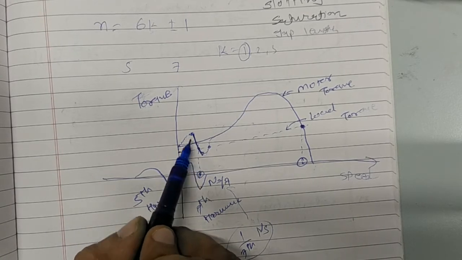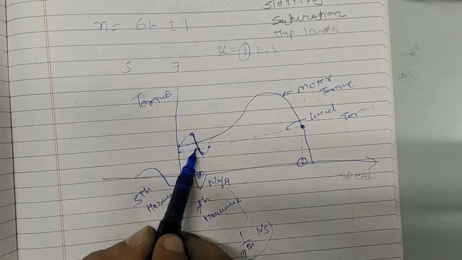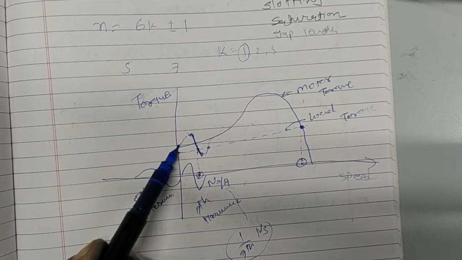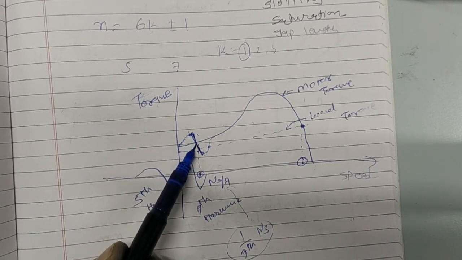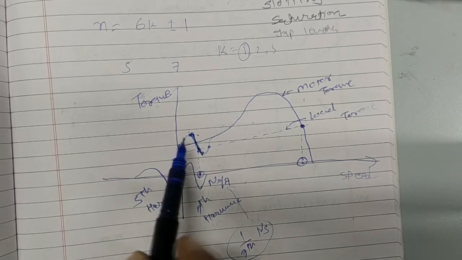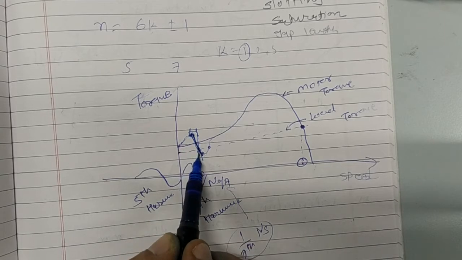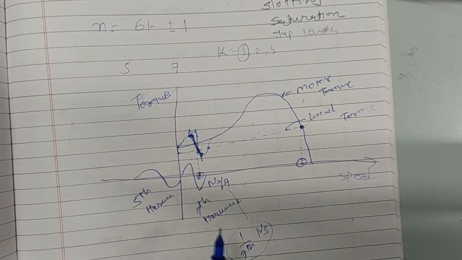A synchronous cusp can be horizontal or vertical in nature. In this case you can see the vertical synchronous cusp. It means that the torque is higher, and within a very small speed range the torque of the machine is reducing drastically. From here to here, the change in speed is very small, but the change in torque is very big. So we don't want this abnormal phenomenon.